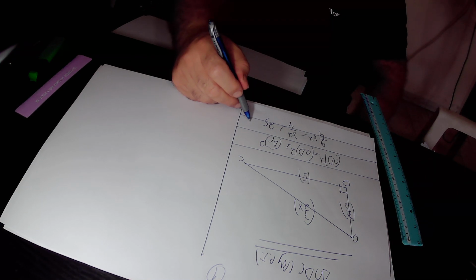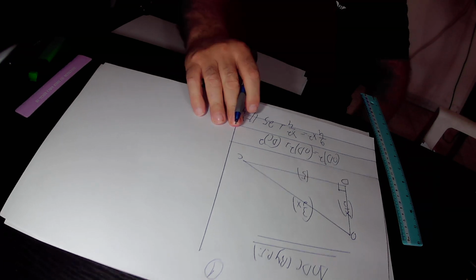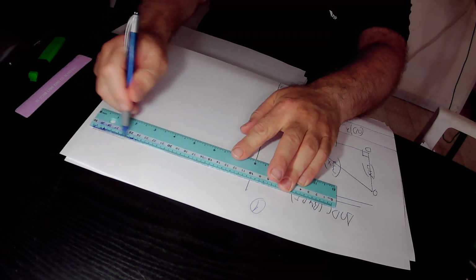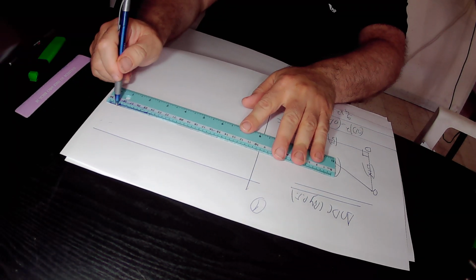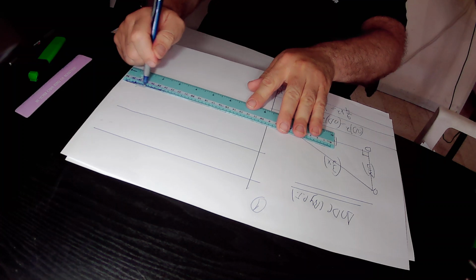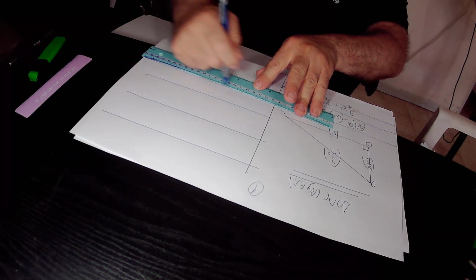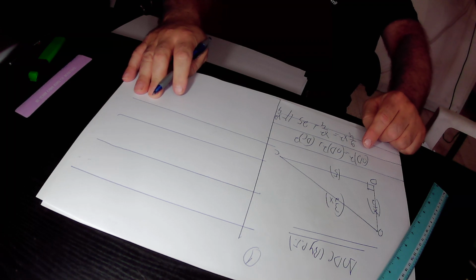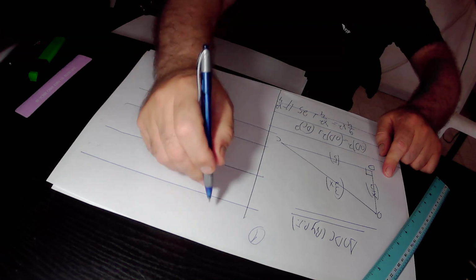Here we subtract x squared over 4 from this equation, and we get that nine quarters times x squared minus 1 quarter x squared equals 8 quarters x squared.